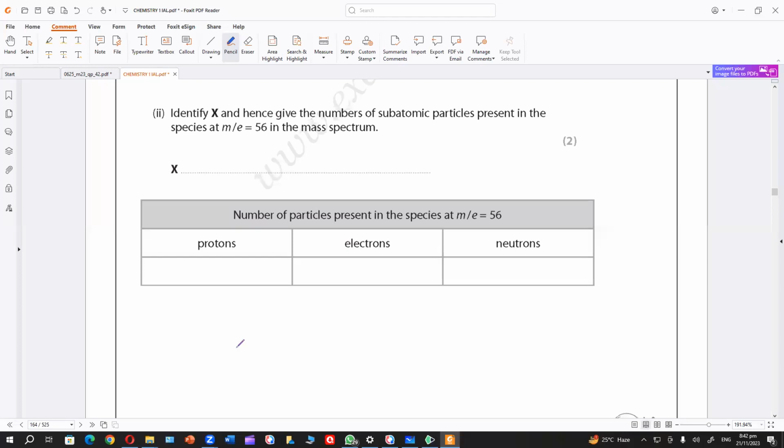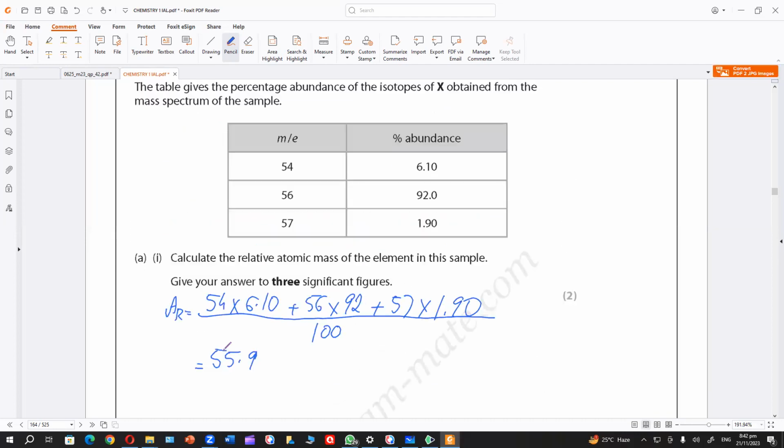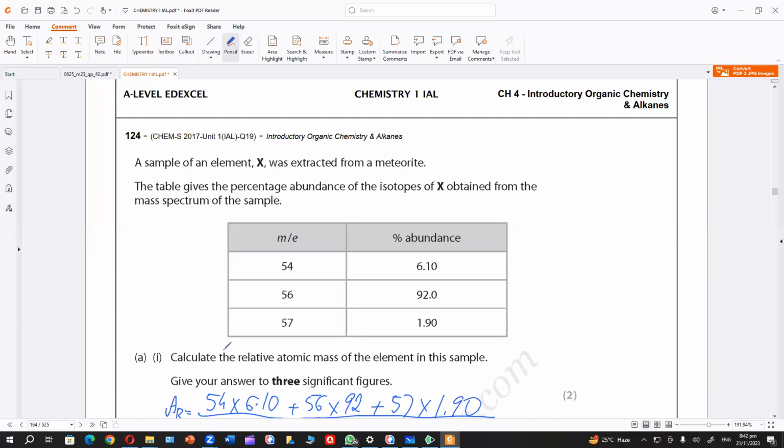Identify X and hence give the numbers of subatomic particles present in the species at m/e is 56. Now what does this part mean?